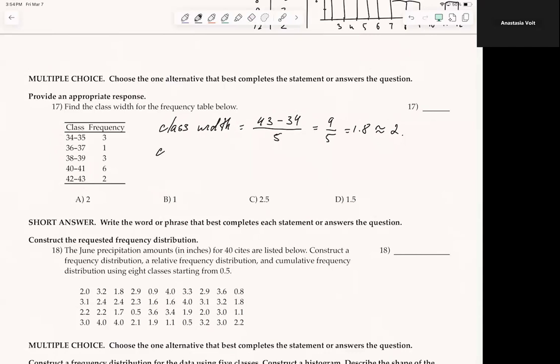you need to remember that class width is the distance between the lower limits or lower boundaries of two consecutive classes.